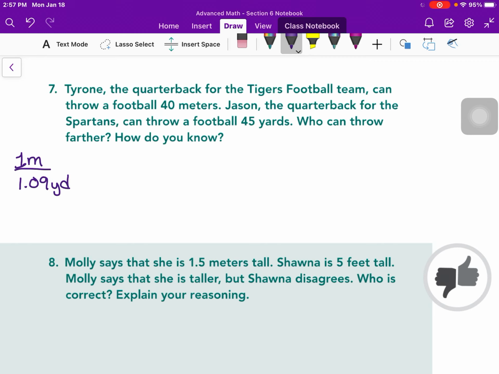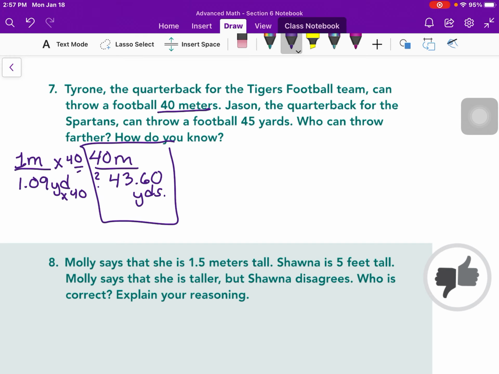So now I just have to set up a proportion, and I have to match units. So 40 meters, I'm going to put that on the top, and I'm going to figure out how many yards that is. I scale up, so 1.09 times 40 will get me to 43.60 yards.